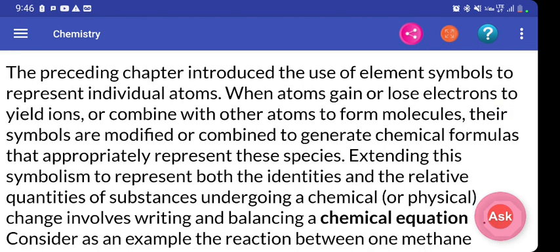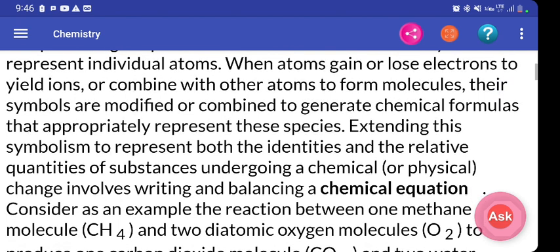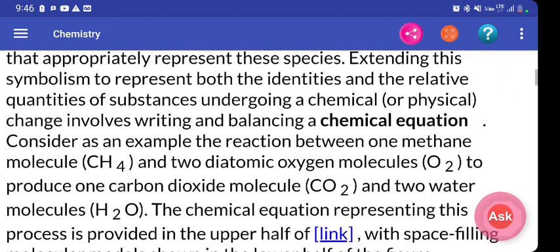Extending this symbolism to represent both the identity and relative quantity of substances undergoing a chemical or physical change involves writing and balancing chemical equations.